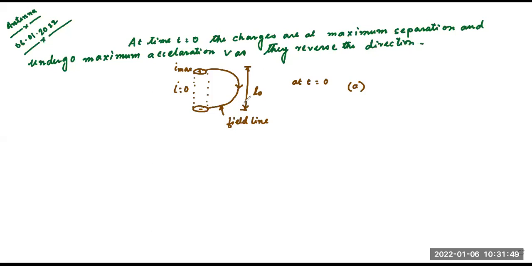So at 1/8 period later, charges are moving towards each other. So let us draw that. These are the charges. This is the induced coil, dotted line.